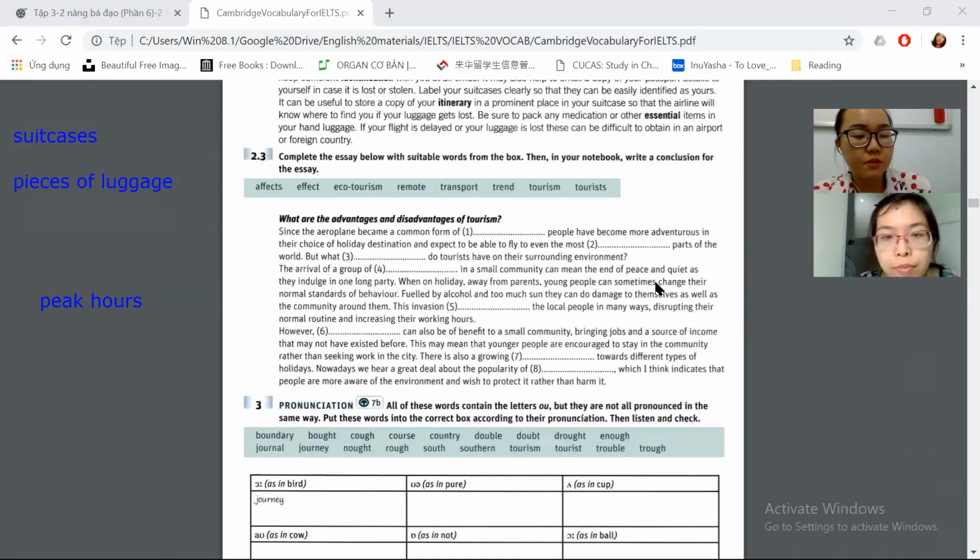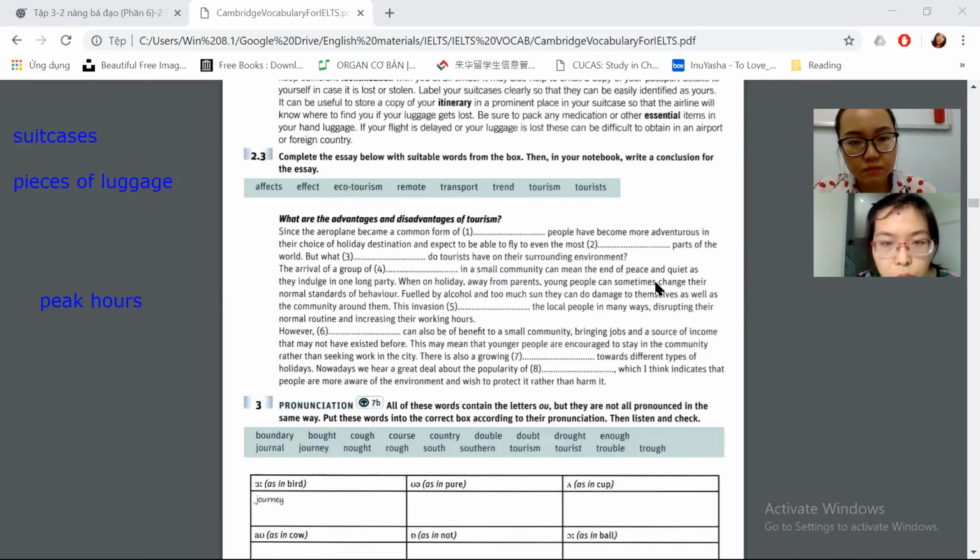What is that part? Remote. You know remote areas, right? Remote is xa. So remote areas là vùng sâu, vùng xa.